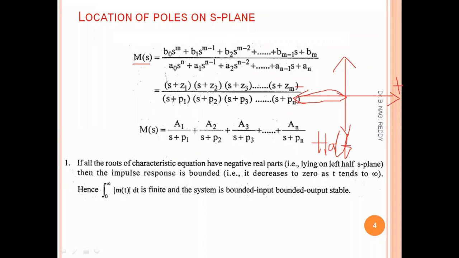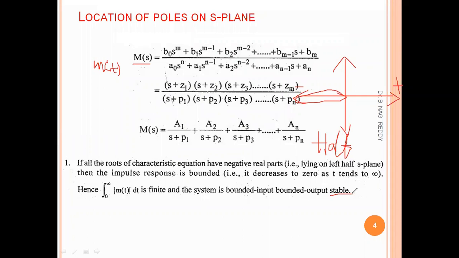If it is represented in the S domain, we say M(S), and if it is represented in the time domain, we simply write M(t). That is the impulse response, or simply the complete response of the system. So the impulse response is bounded, which means the system is finite and stable.